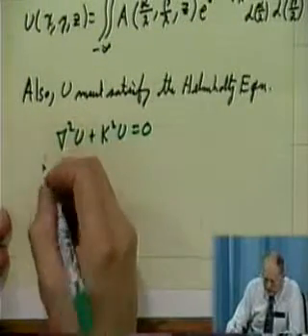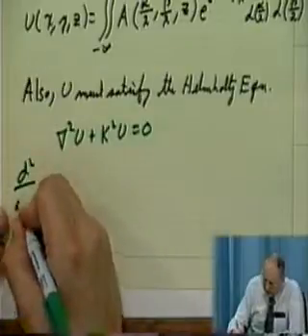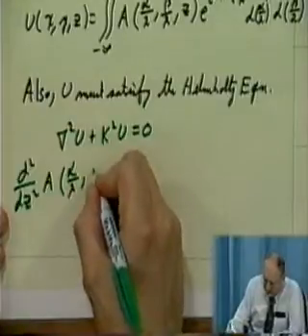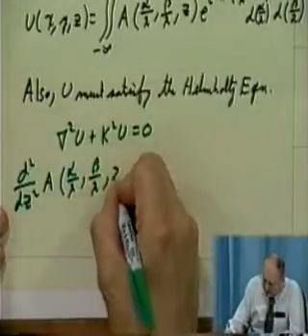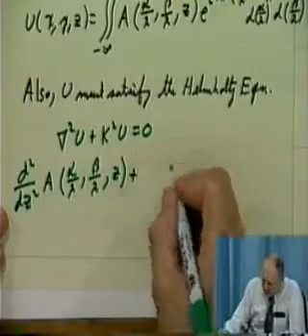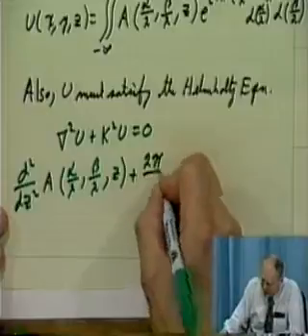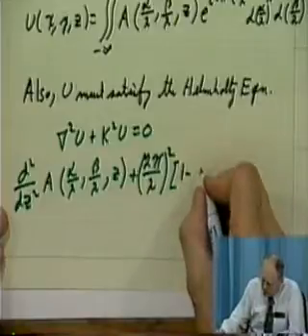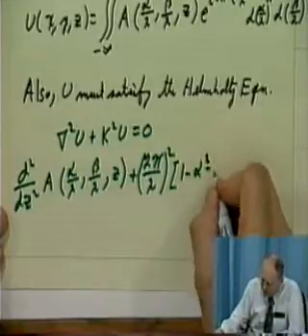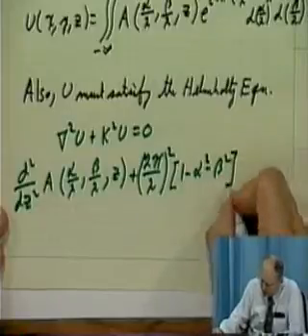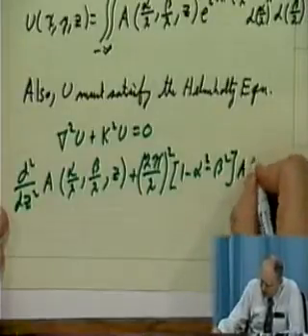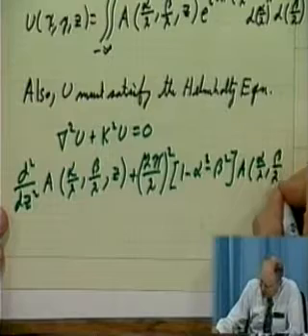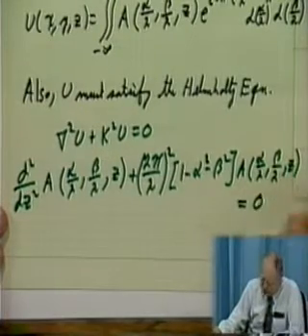And after a little bit of work, not too much, we get d squared dz squared of A alpha over lambda, beta over lambda, and z, plus k squared, 2 pi over lambda squared, times 1 minus alpha squared minus beta squared, times A alpha over lambda, beta over lambda, and z is equal to 0.